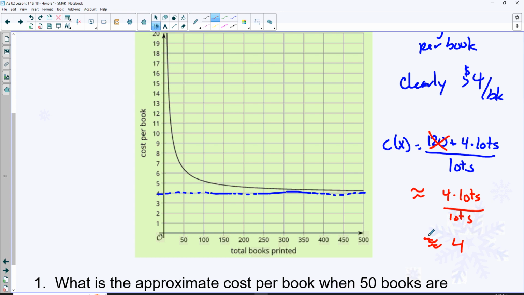So there's another reason why eventually this gets close to 4, but it never actually reaches there. As x approaches infinity, y approaches 4. That's wild, isn't it? So here's end behavior using a number other than 0 or infinity. This is called a horizontal asymptote.